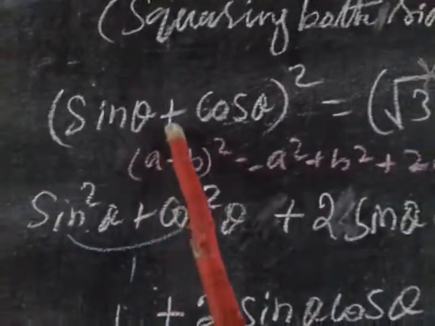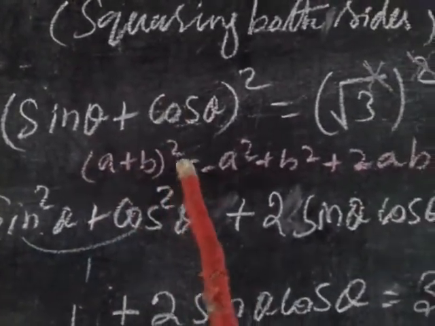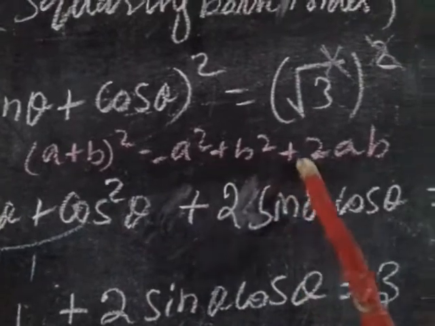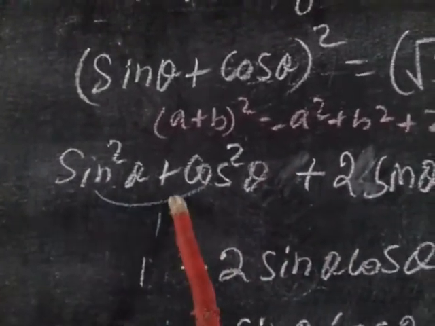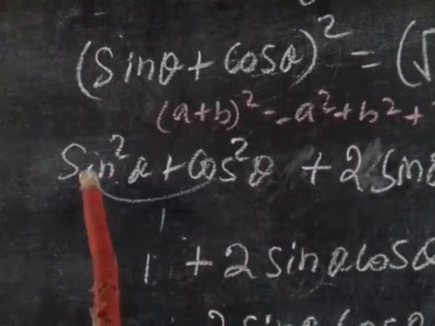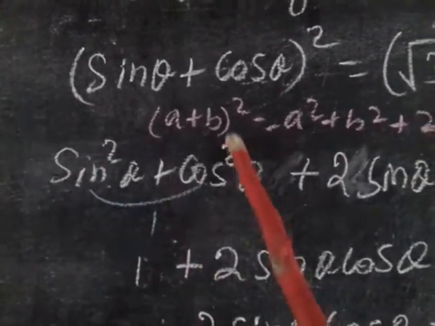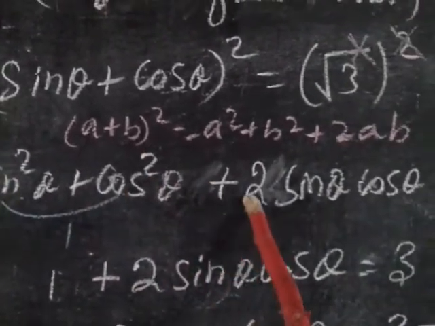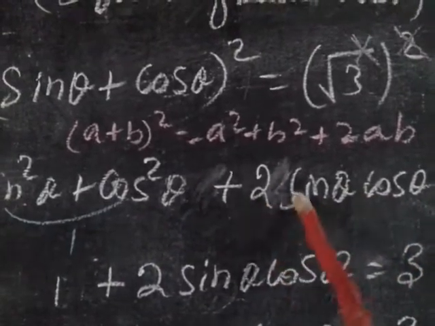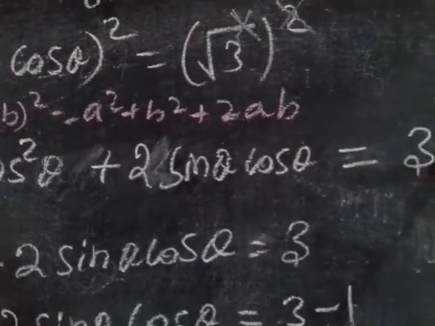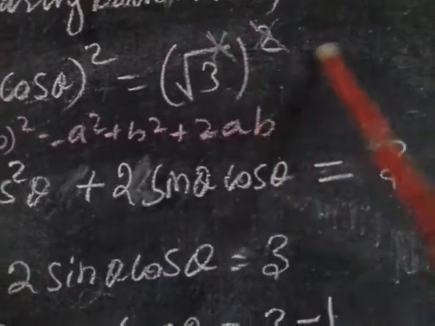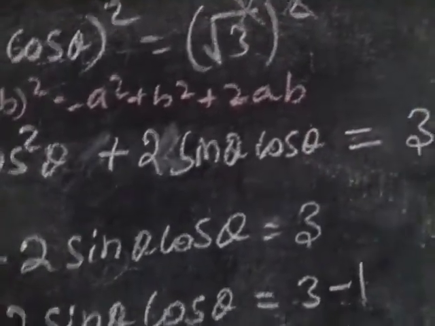The left hand side is in the form (a plus b) whole square, equal to a square plus b square plus 2ab. So we write sin square theta plus cos square theta plus 2 sin theta cos theta equal to 3, since the power and radical cancel on the right hand side.